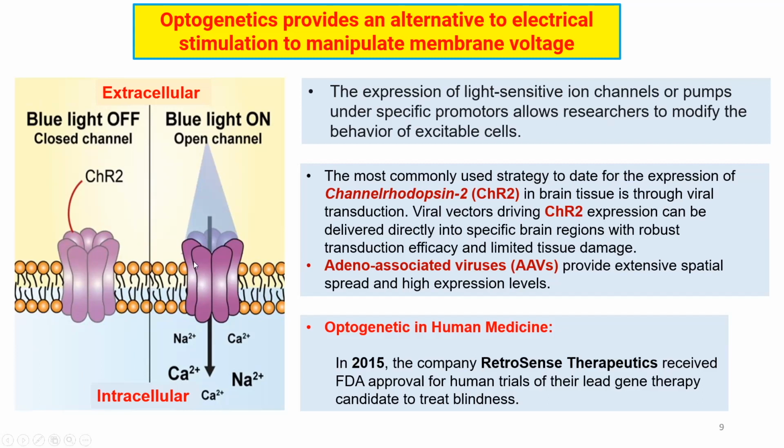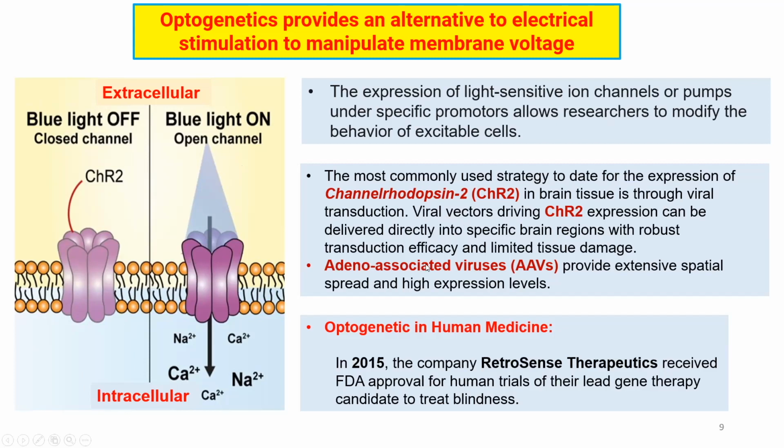by light application. Not only blue light, sometimes other wavelengths are also possible. If we want to express channelrhodopsin, halorhodopsin, or some other light-sensitive peptides in particular cells of an adult organism, potentially including human, usually we can use adeno-associated viruses, or AAV.